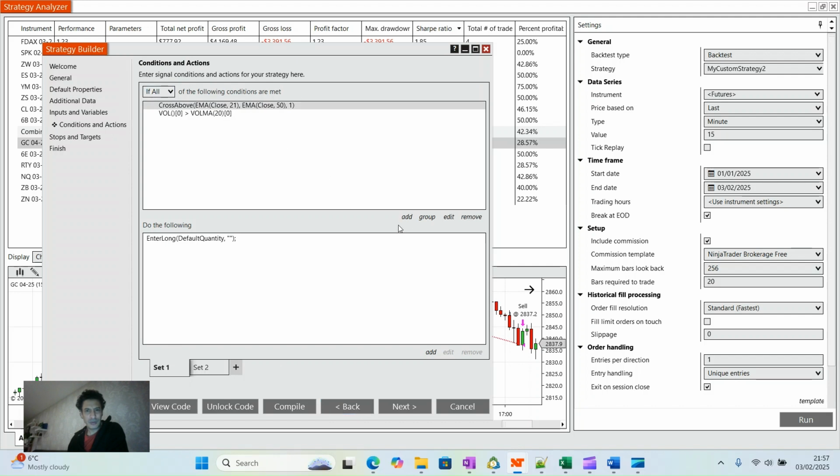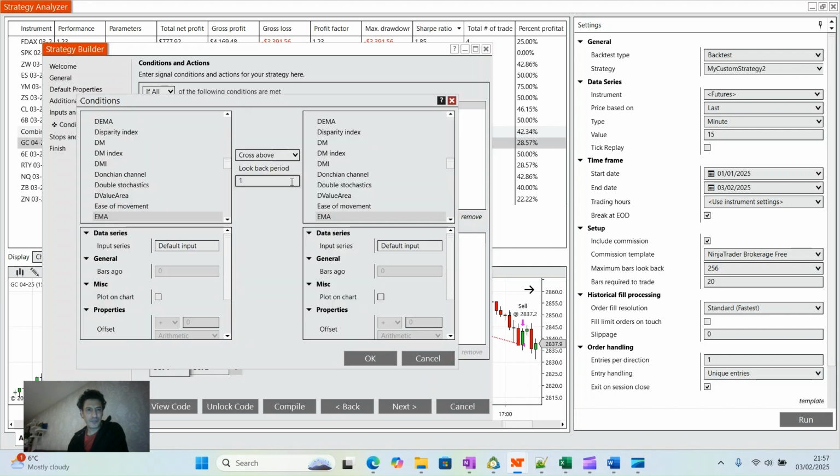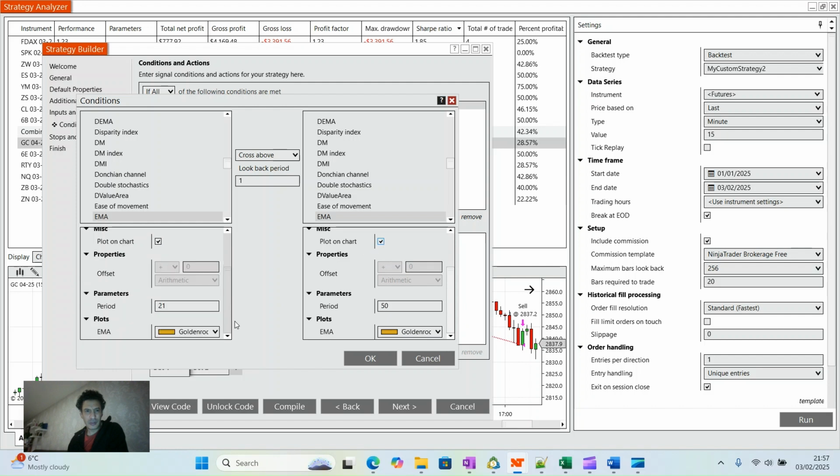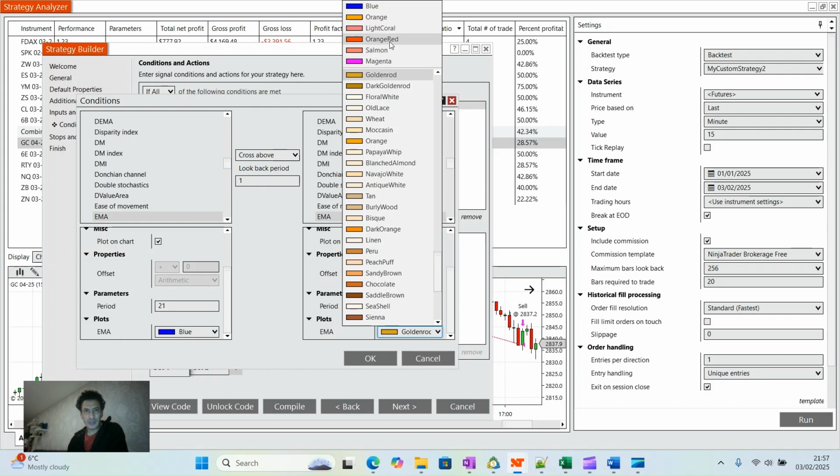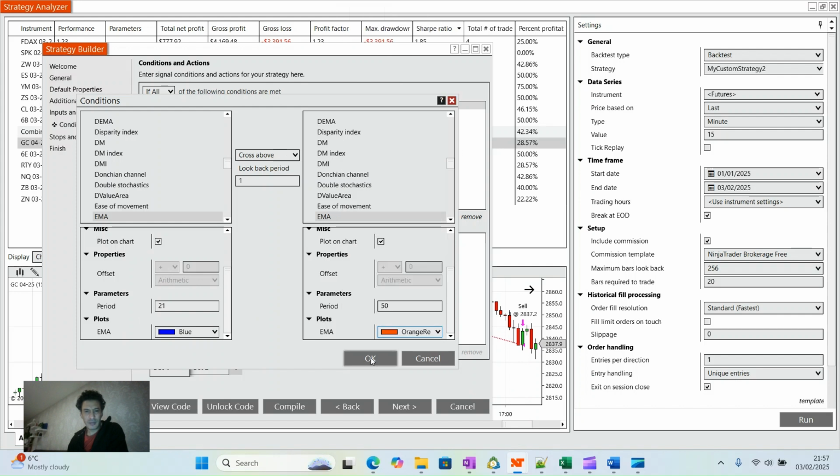And back to my indicators, I'm going to show them, plot them on the chart. I'll plot the 21, the faster one, as blue, and the 50 as orange red.